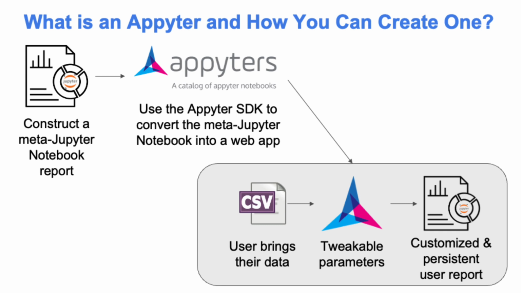The way Appyters work, you start with a Jupyter notebook, and then you annotate your notebook in a way that you can convert the notebook into a full stack web-based application that has an input form. You upload your data, you set up some parameters, and then you execute the notebook in the cloud by pressing submit. And then you get those reports that again look like publications.